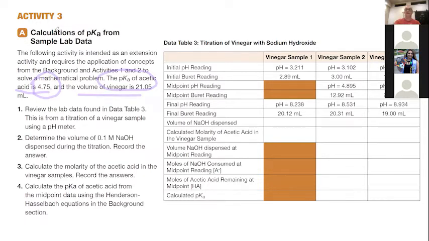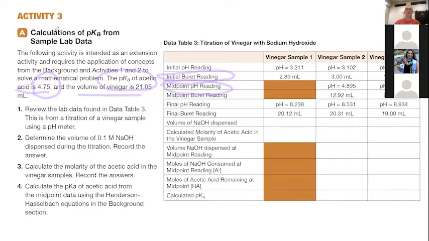But basically, they're giving you data from a titration that somebody else did, and they tell you what the initial volume was. They tell you what the pH was midway through, and you have to figure out based on that what the pKa is.